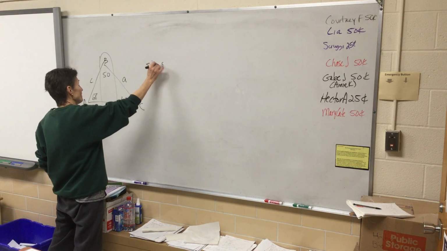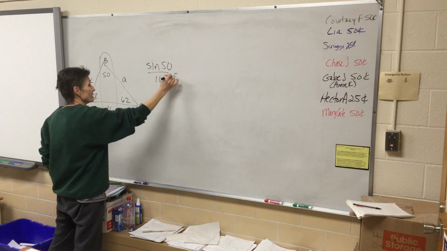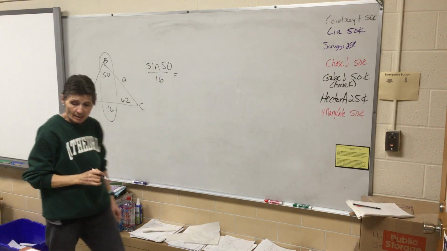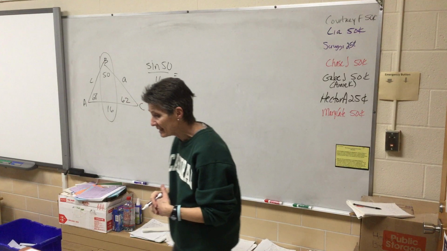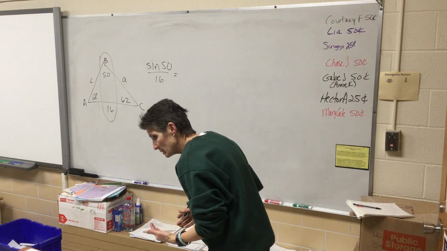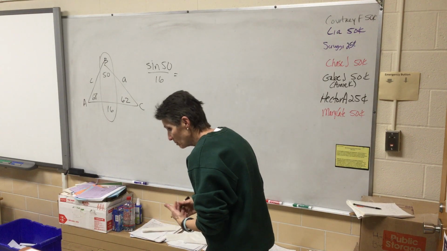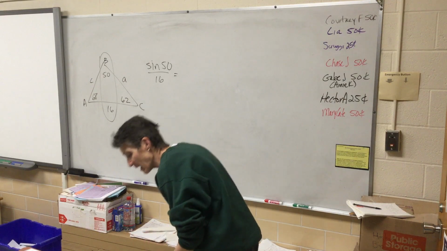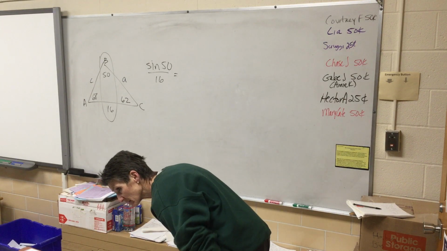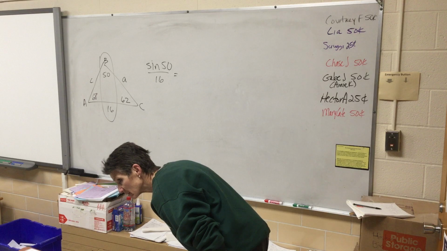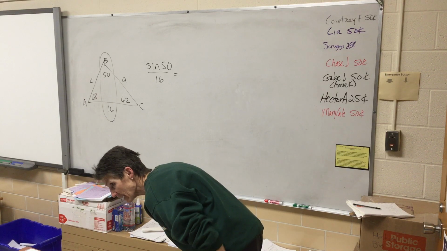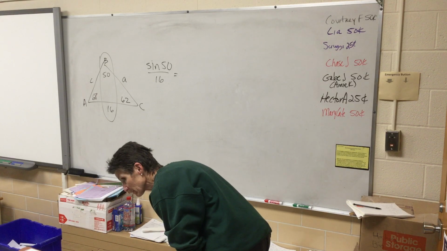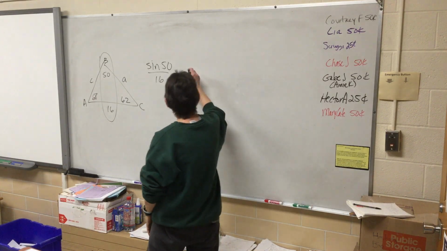So sine 50 over 16. And then you're going to set it equal to whatever other pair you want. Yeah, so what were you saying? Jada, yeah, what were you saying? Sine 68 over A. Yep.